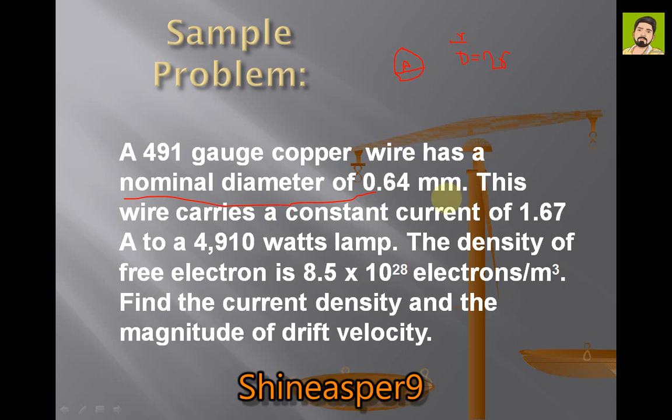Nominal diameter is 0.64 millimeter. This wire carries a constant current of 1.67 ampere. That is your I.